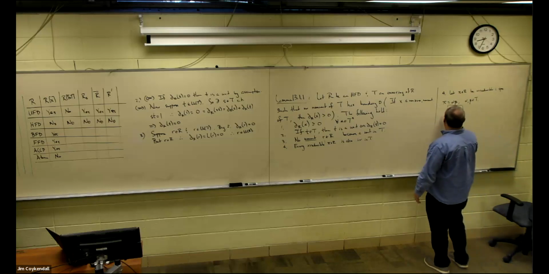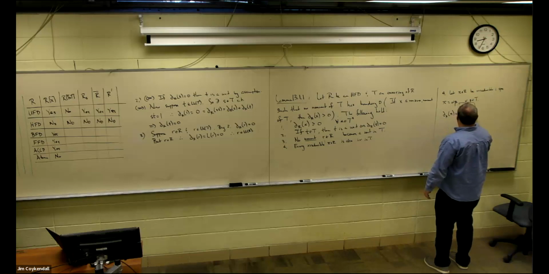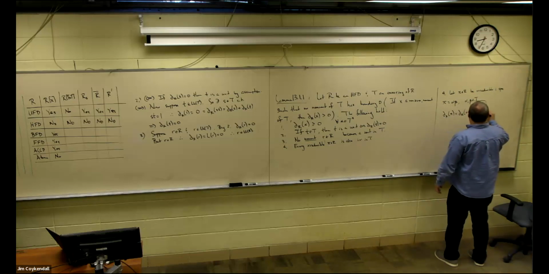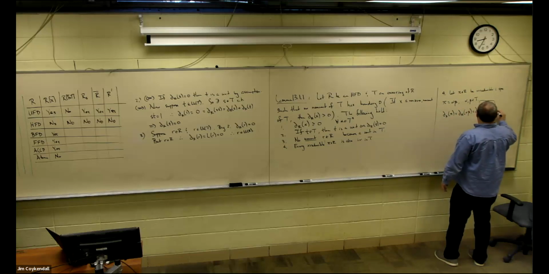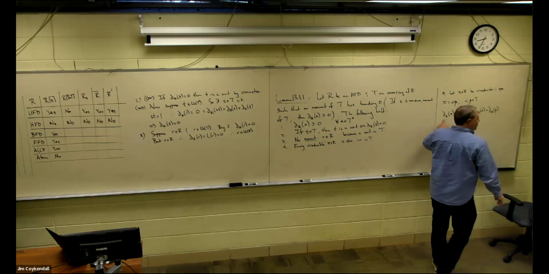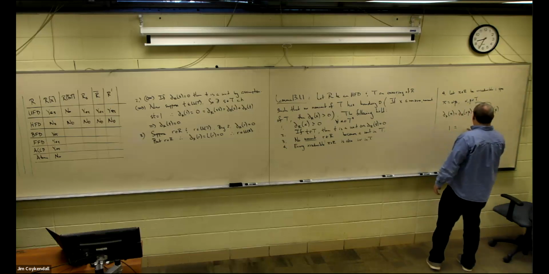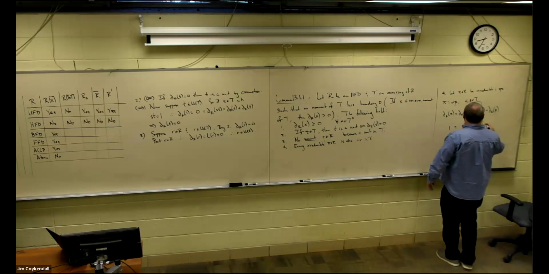This means that the boundary of pi is 1, and this is equal to the boundary of alpha plus the boundary of beta.